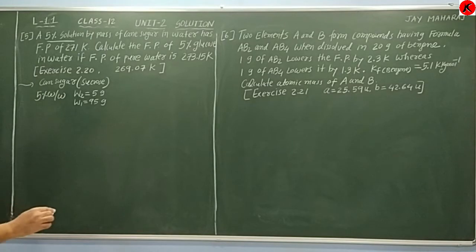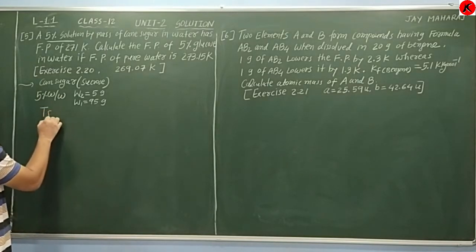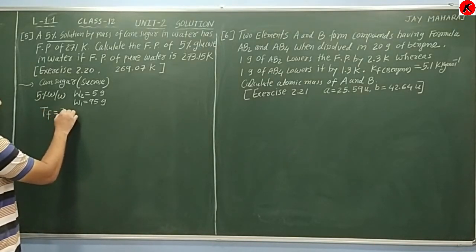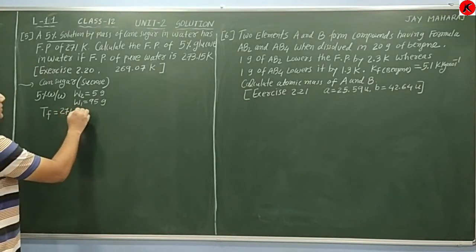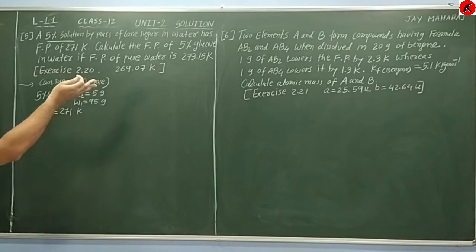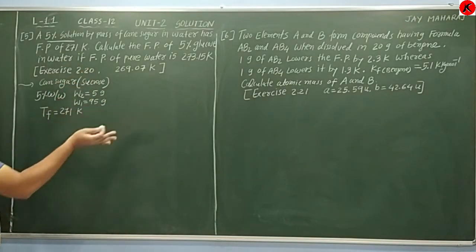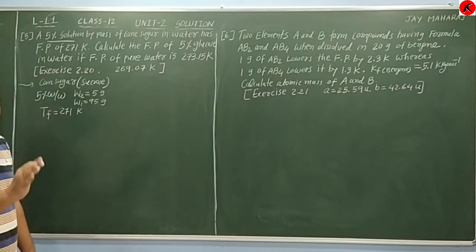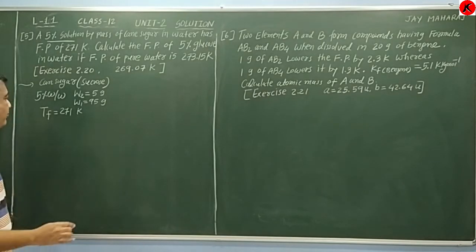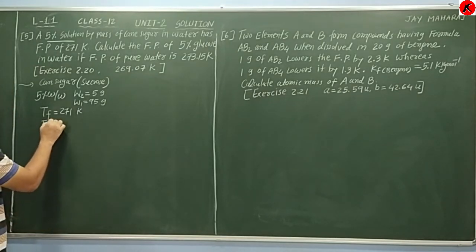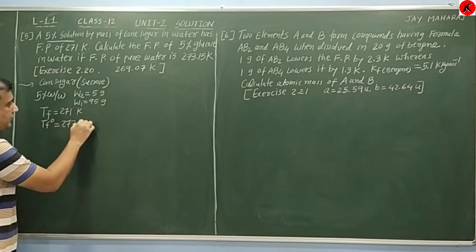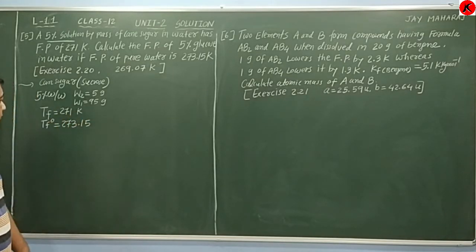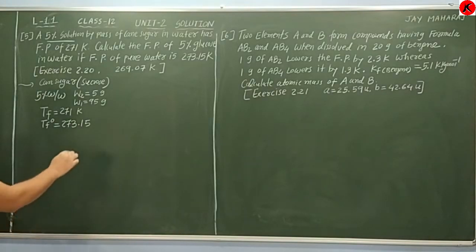As a freezing point is given, that means value of Tf is given, which is 271 Kelvin. Calculate the freezing point of 5% glucose in water. If the freezing point of pure water is given, that means Tf0 is given, which is 273.15 Kelvin.